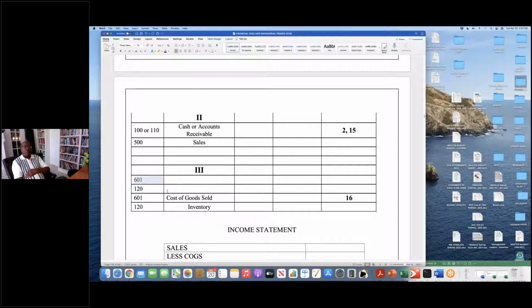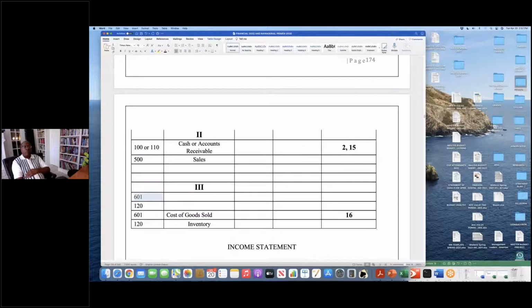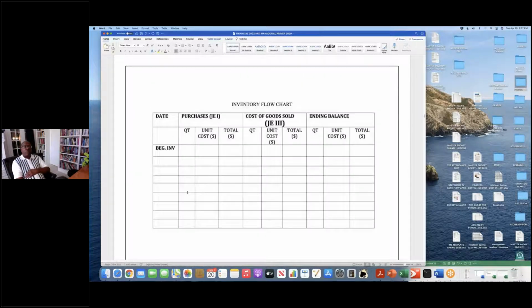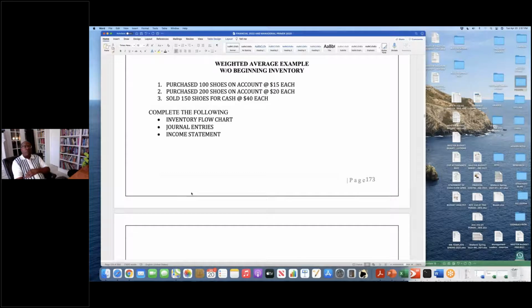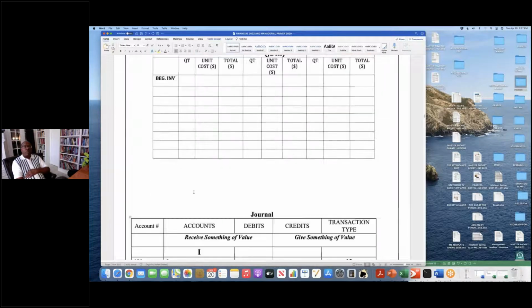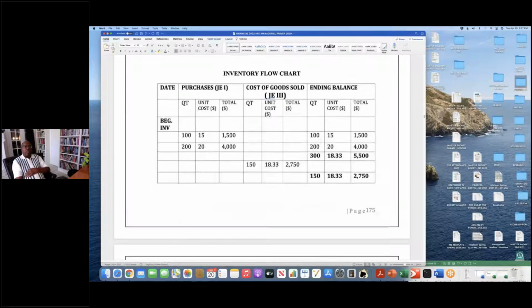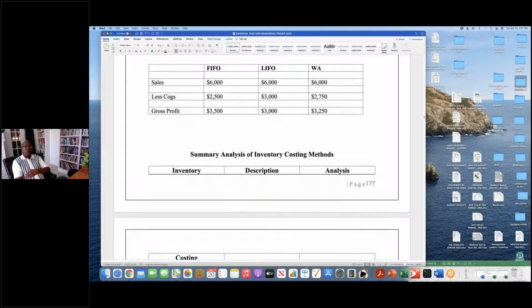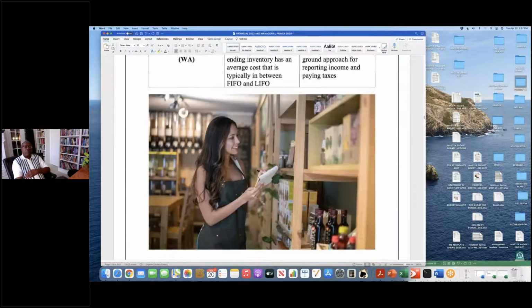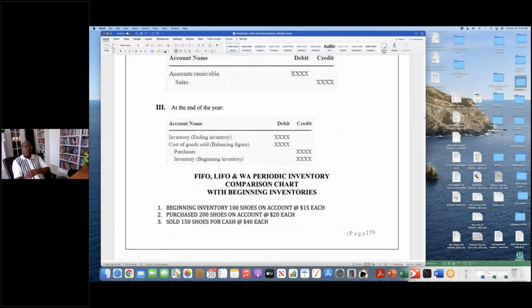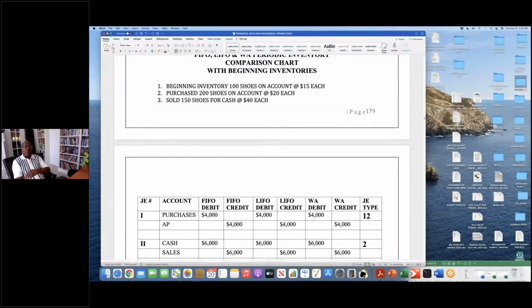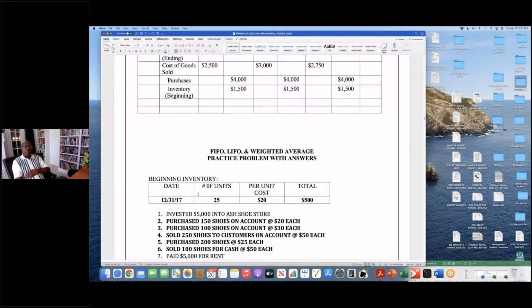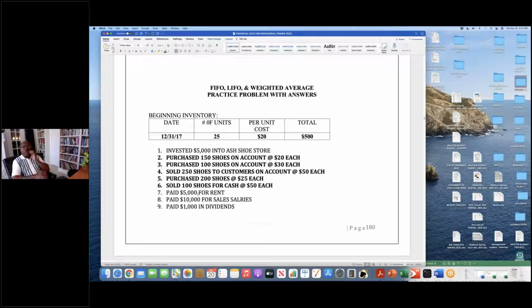Professor, can you go back to the picture of the problems? Okay, that's where we're going to work it at. So here's the problem.